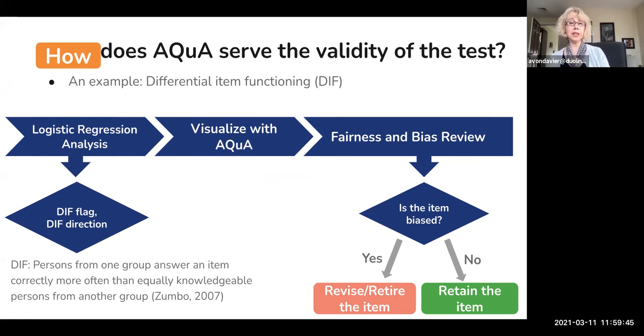It usually means that conditional on the test taker ability, we have evidence that the item behaves in different ways in two different populations. And usually it's an unexpected way and it's an undesirable way. So we need to identify if any item displays this differential behavior.